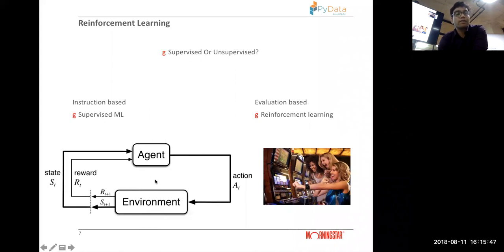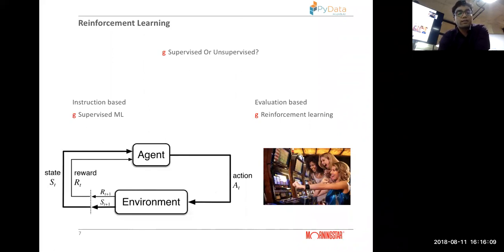The environment was in a state ST, and after the action is performed, the pulling of the lever, the environment is in a state ST plus 1, and there is a reward that is generated. If she wins, she gets a reward. If she doesn't win, she has to put some money into the machine to play. So that is a negative kind of reward.